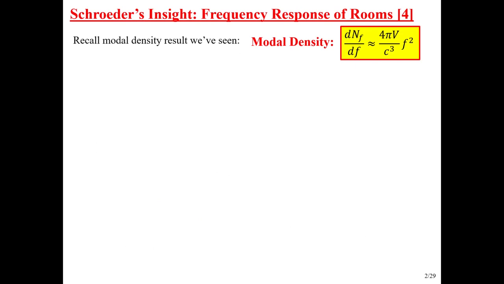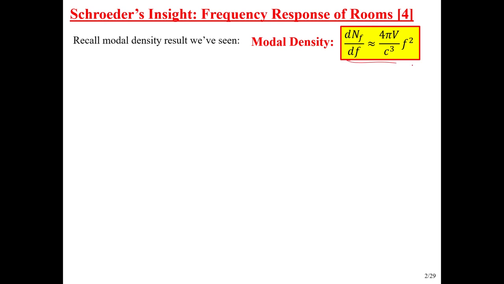We've already been talking about Schroeder's insights, or rather, some of these characteristics of reverb, and this was what Schroeder looked to for his insight. This is coming out of Gardner's paper.